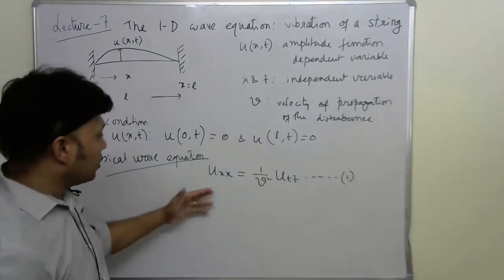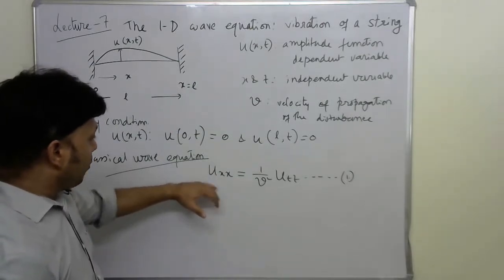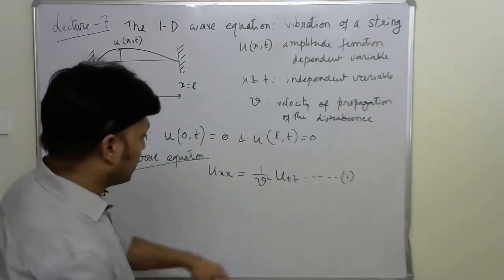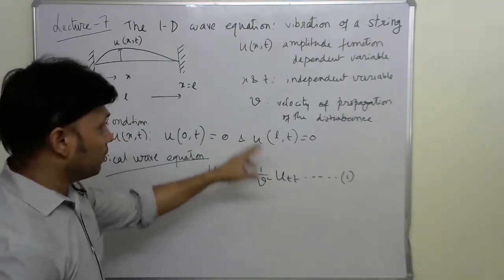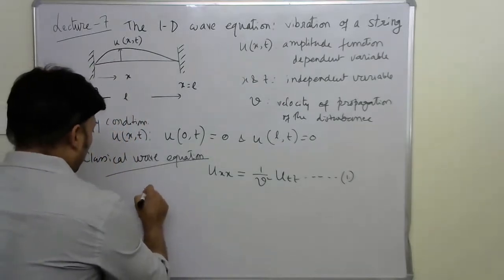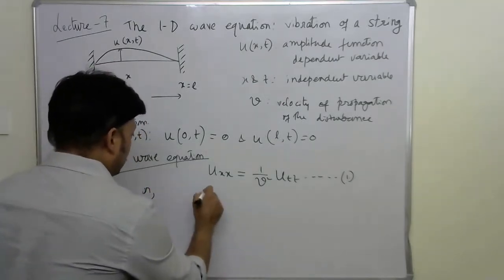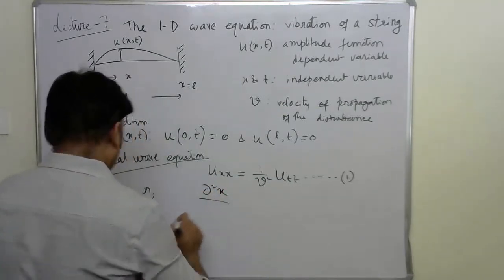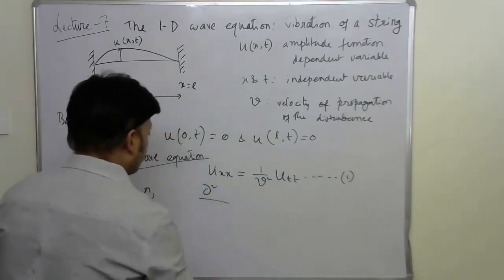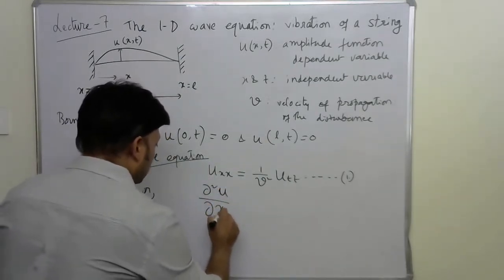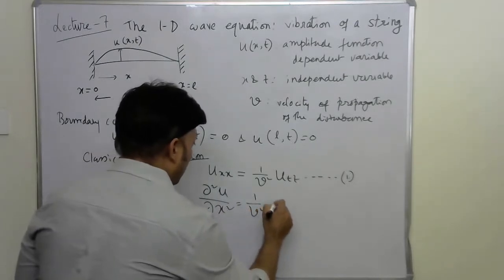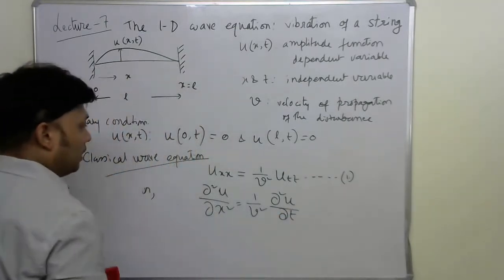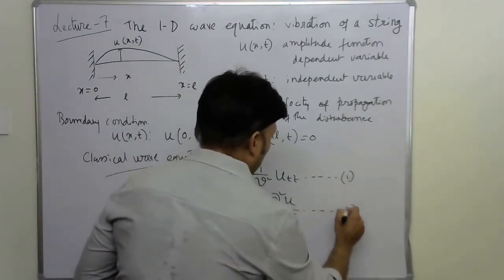What is the significance of it? u_xx is the double derivative of u with respect to x, and u_tt is the double derivative of u with respect to t, and 1 over v squared, where v is the velocity and a constant. Or we can simply write that the partial double derivative of u with respect to x is equal to 1 over v squared times the double derivative of u with respect to t. Both are the same, so we call them equation 1.